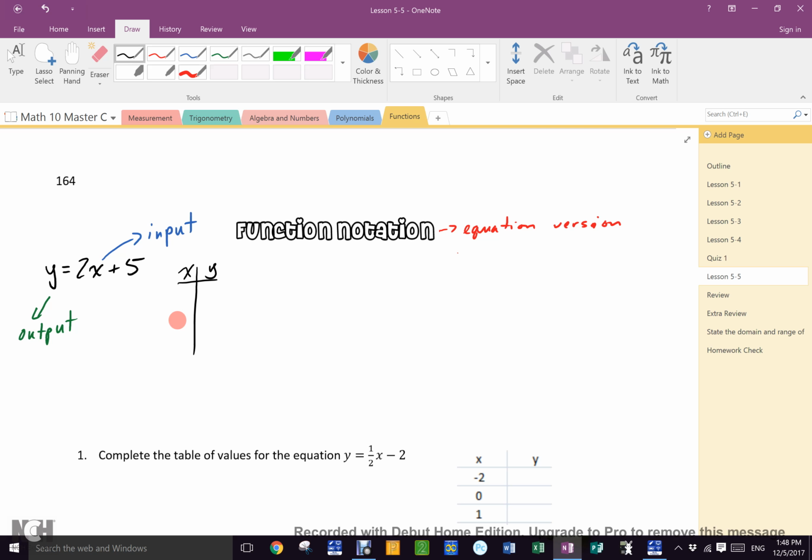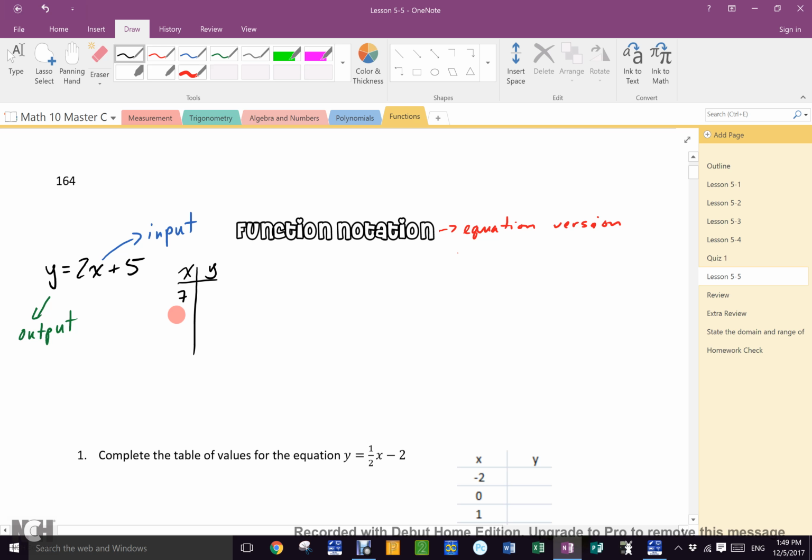What is the answer to that question, Josh? Because it doesn't matter, because that's the input. You can put any numbers here and multiply them by 2, add 5 to get an output.